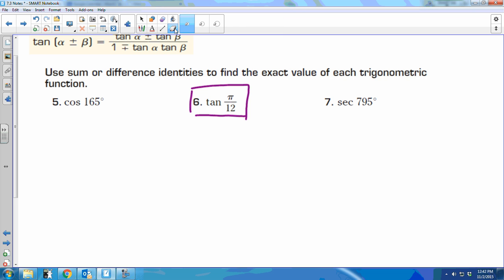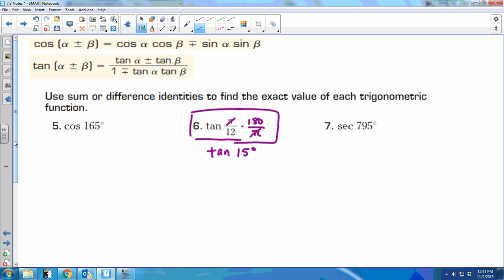So how to change radians to degrees? Correct. So the pi's cancel out, you get 180 over 12, and 180 over 12 ends up being 15. All right, so we have this identity, because 15 degrees is not in the unit circle.